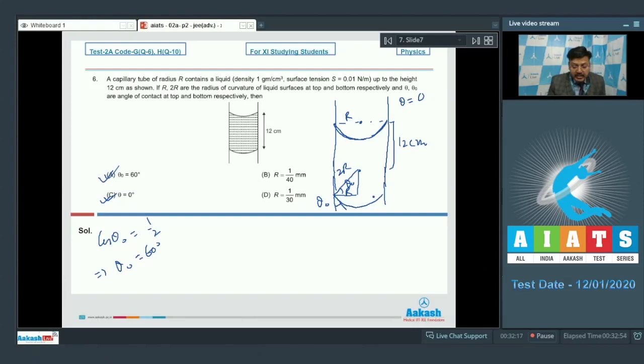And now we have to evaluate the value of R. For doing that, we can just look at the variation of pressure.